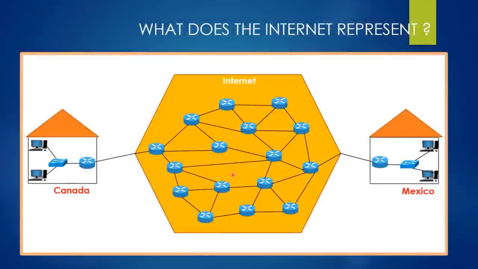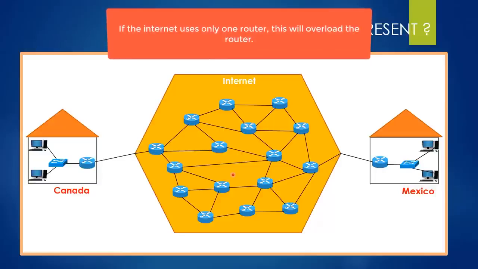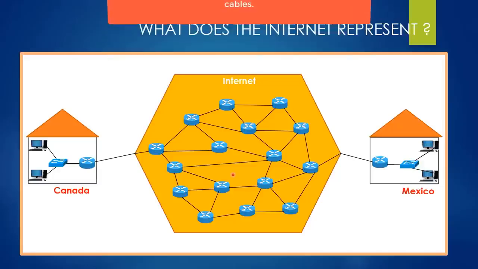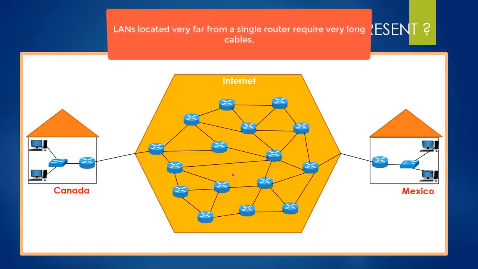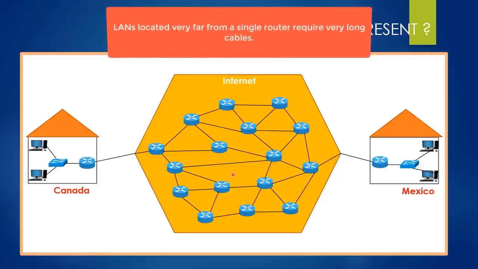I asked you a question at the end of the previous lesson, and I know that you were all analyzing the situation, but let's do it together just in case. As you know, if we used a single router at the middle of the world, we would have problems with the overloading of the router. On the other hand, we would need many long cables for LANs that are the furthest from the giant router.